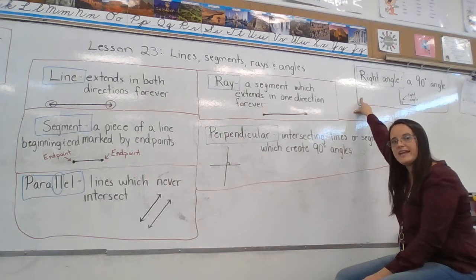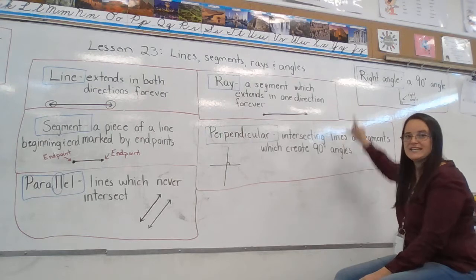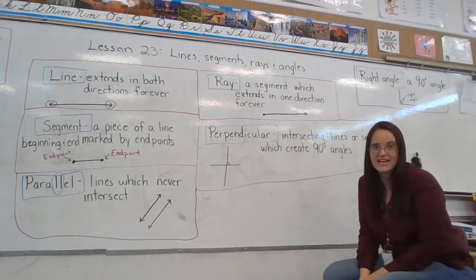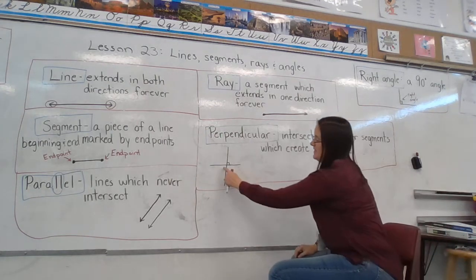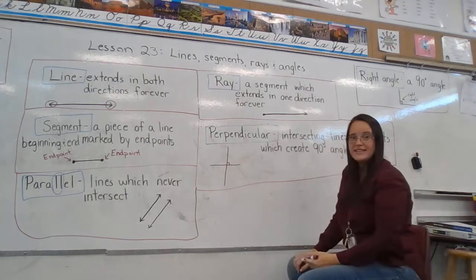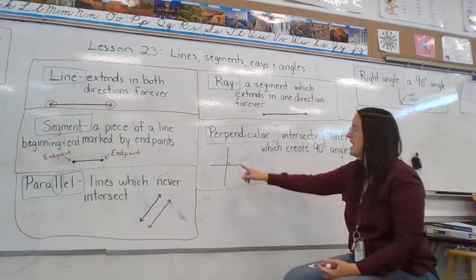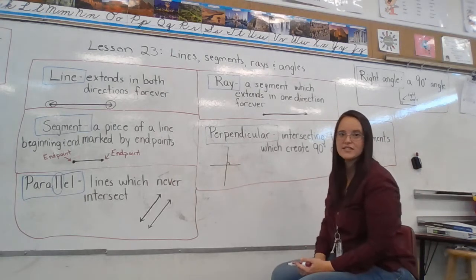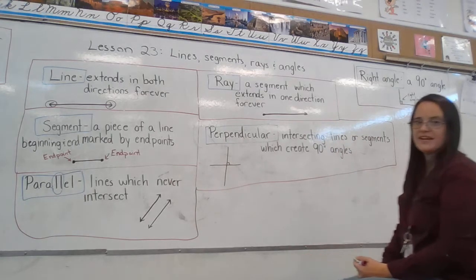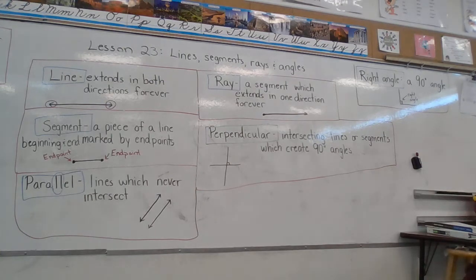We call it a right angle. And 90-degree angles are what you see in squares and rectangles. All four of these are 90-degree angles. So if you've got perpendicular lines, they create this square corner. I'll get out of the way, make sure you get all of those in your math notebook, please.